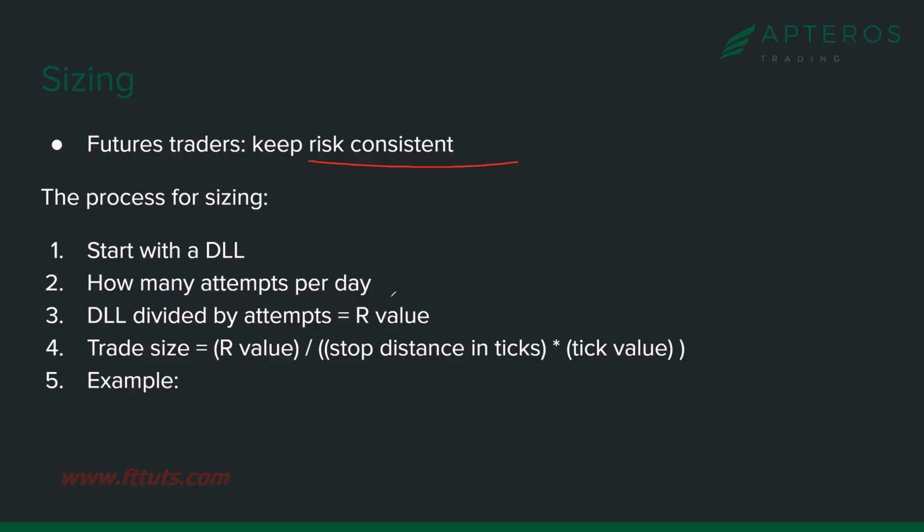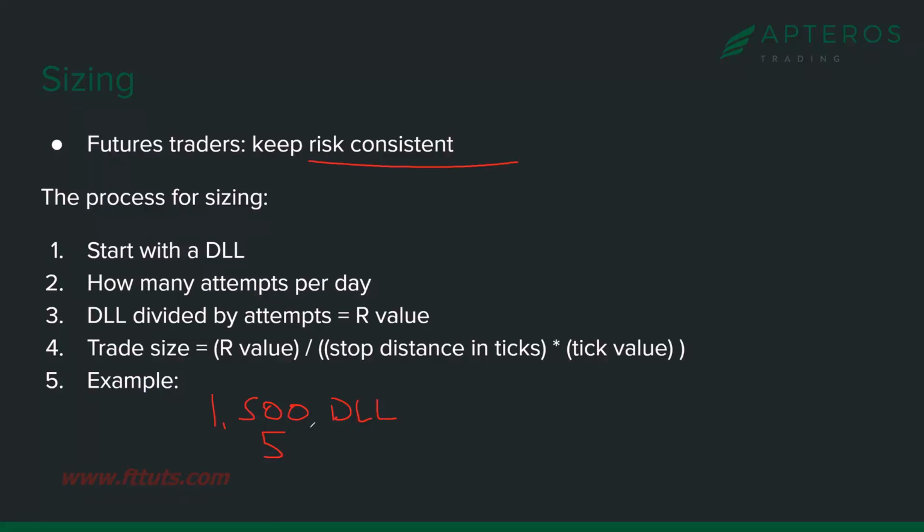So let's say that we had a $1,500 daily loss limit. And let's say that we need 5 attempts today. We'd like to be able to stop out 5 times before we quit for the day and say we just don't have it today, right?